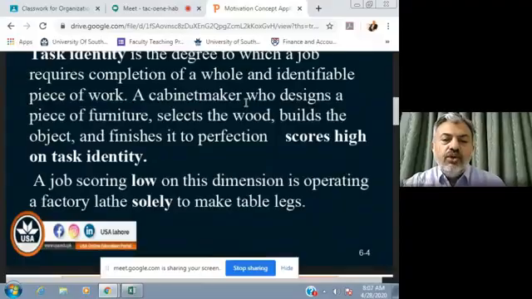And the whole day, this person is just taking a piece of wood and converting it into a table leg. So this is a monotonous job, the same kind of job that this person is doing the whole day. That's why this job scores low on the task identity dimension.